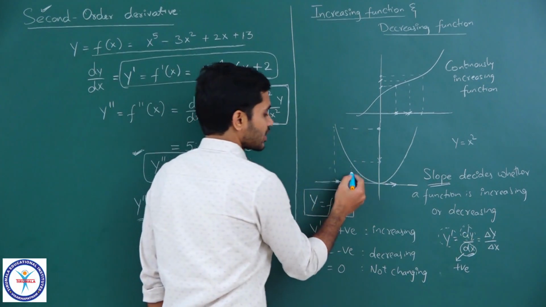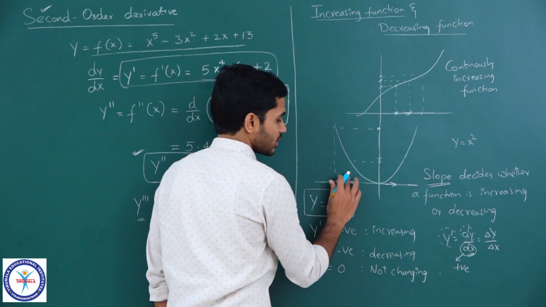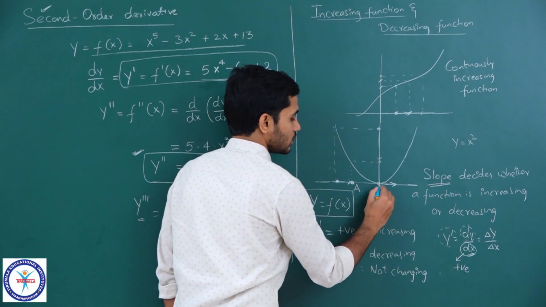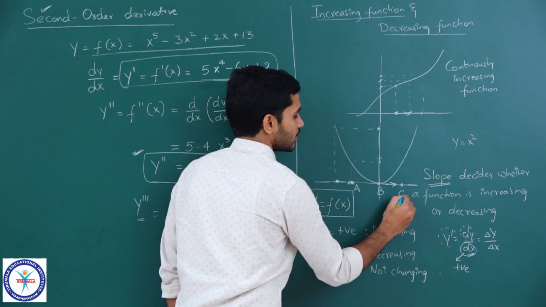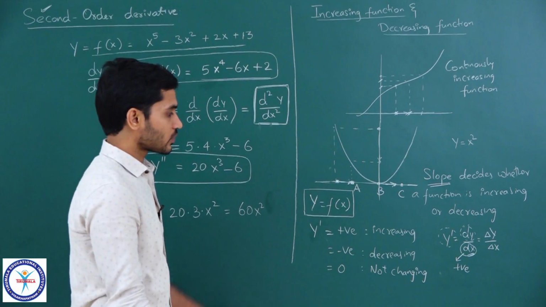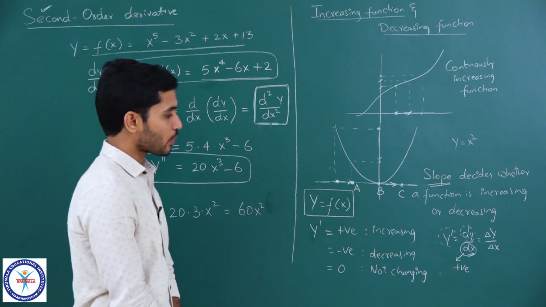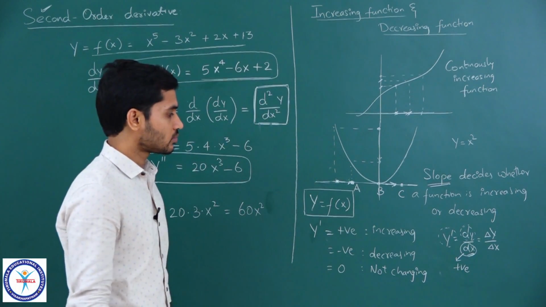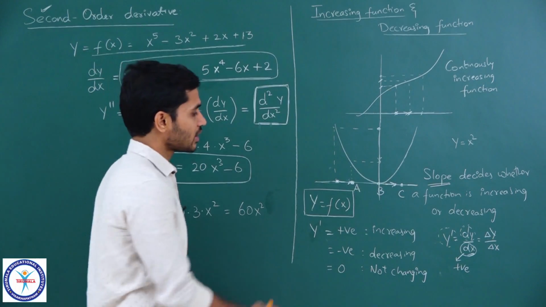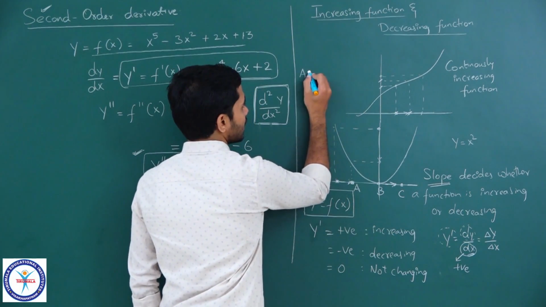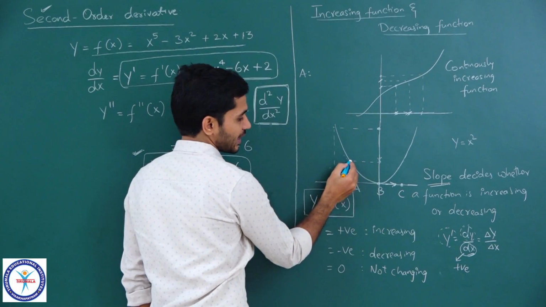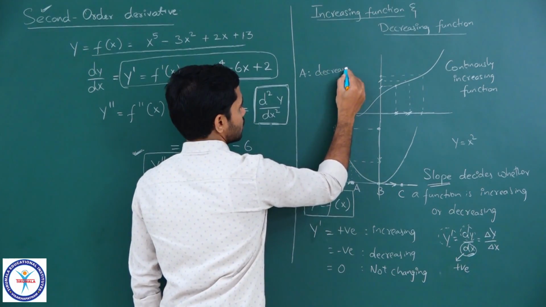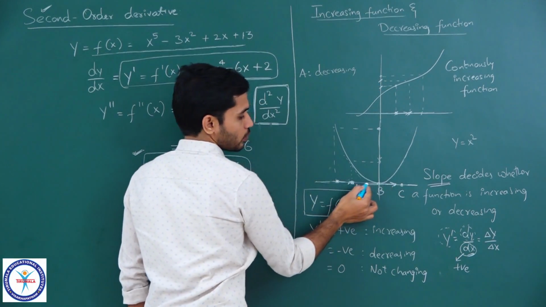You can say here, for example, if I mark 2 points or 3 points here, let us say this is point A, this is point B, and this is point C. So, can you tell me out of points A, B and C, what is happening to the function? Increasing, decreasing and not changing. You can clearly observe that in this particular scenario, at A the slope is negative, so decreasing, and at B the slope is 0.